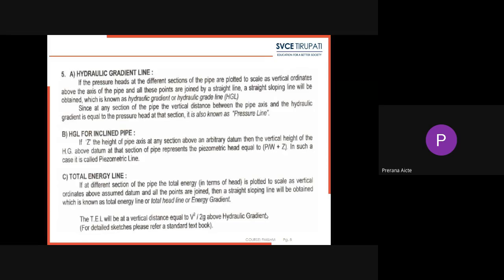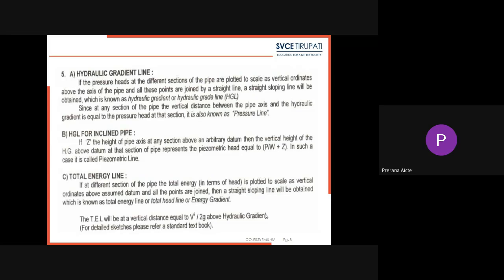Another topic is total energy line. At different sections of the pipe, the total energy in terms of head is plotted to scale. The total energy or total head is the sum of pressure head, velocity head, and datum head. Or in terms of energy, the total energy is the sum of pressure energy, kinetic energy, and potential energy.